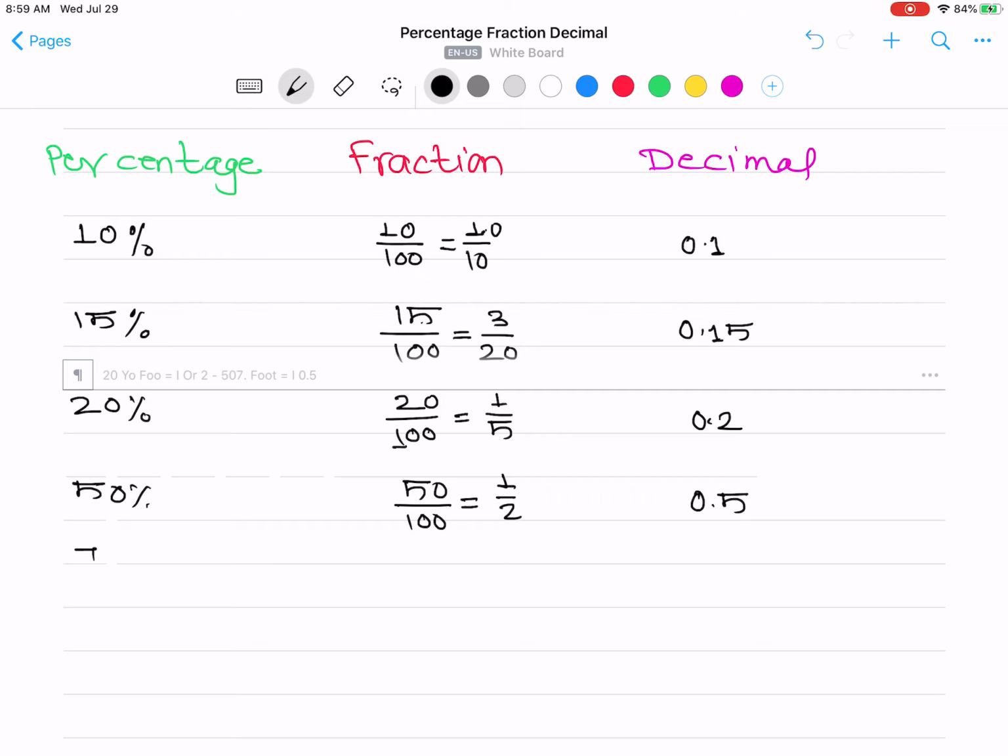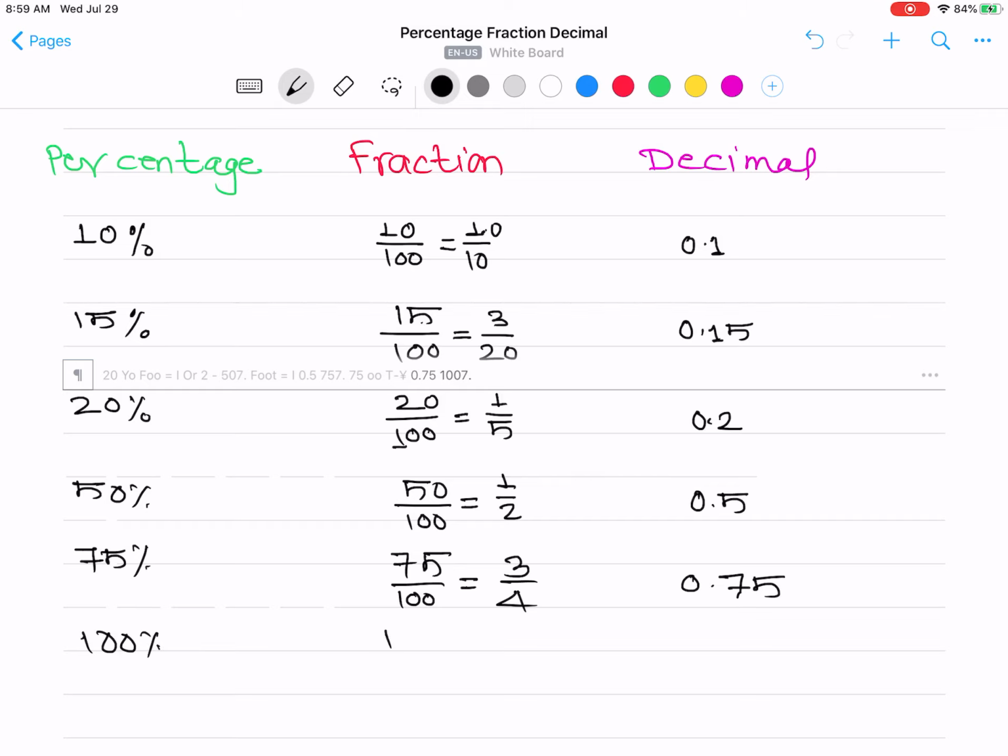So let's move to 75%. 75 by 100, and this is 3 out of 4, and in decimal this is 0.75. So what about the 100%?